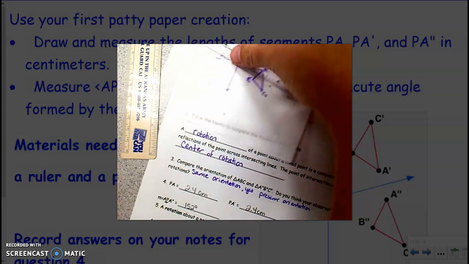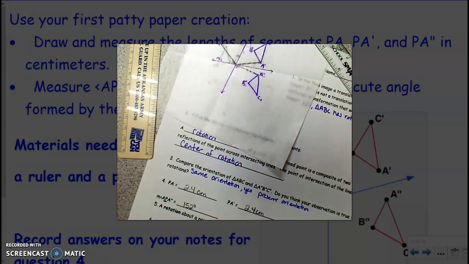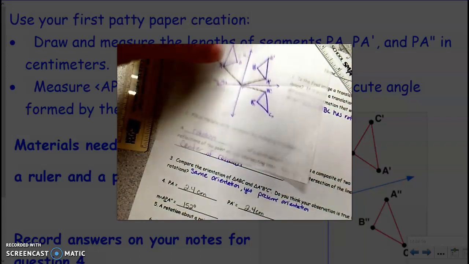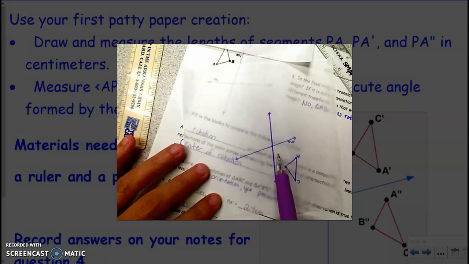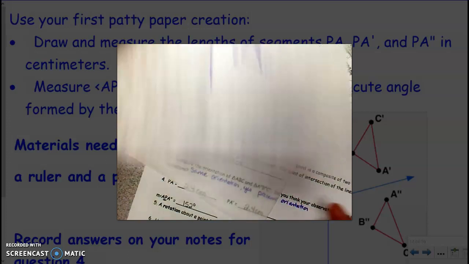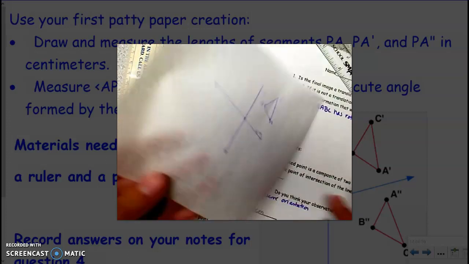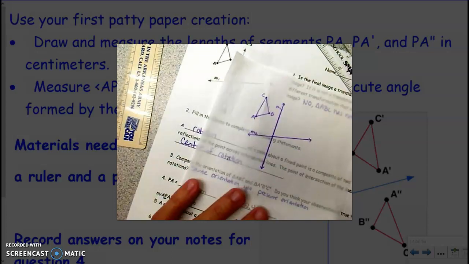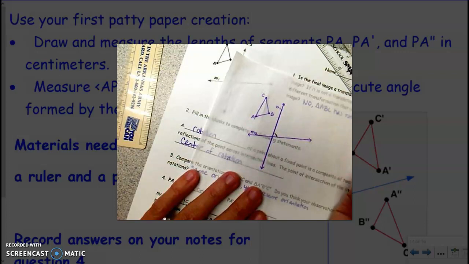And then it says to measure the acute angle of your intersecting lines. So we used M1 and M2, and I'm going to use this one just because I've got so many things drawn on this. And the acute angle is obviously the one that's less than 90 degrees. So that would be this angle right here. So that's the one I'm going to measure.